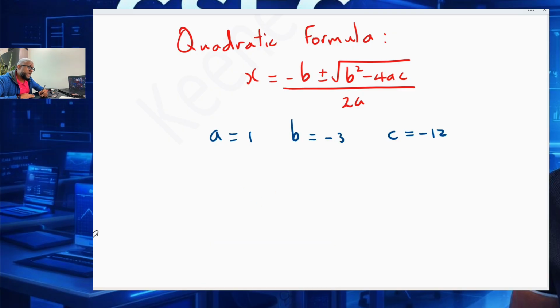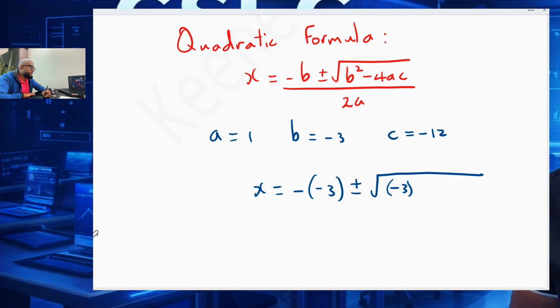So x will be equal to negative of negative 3 because b is negative 3, plus or minus the square root of b squared, which is negative 3 squared, minus 4 by 1 by negative 12, all over 2 by 1, right?